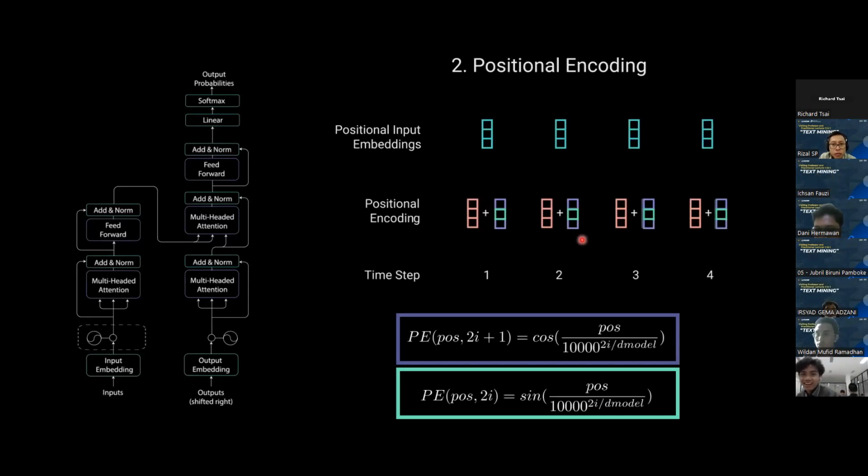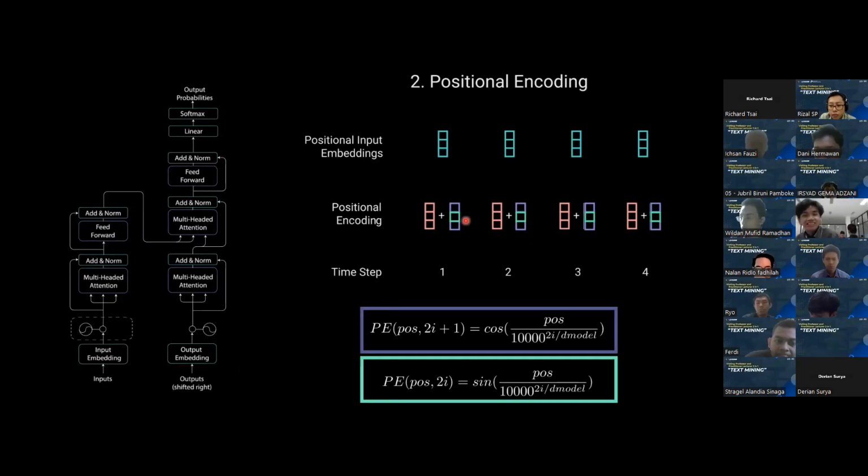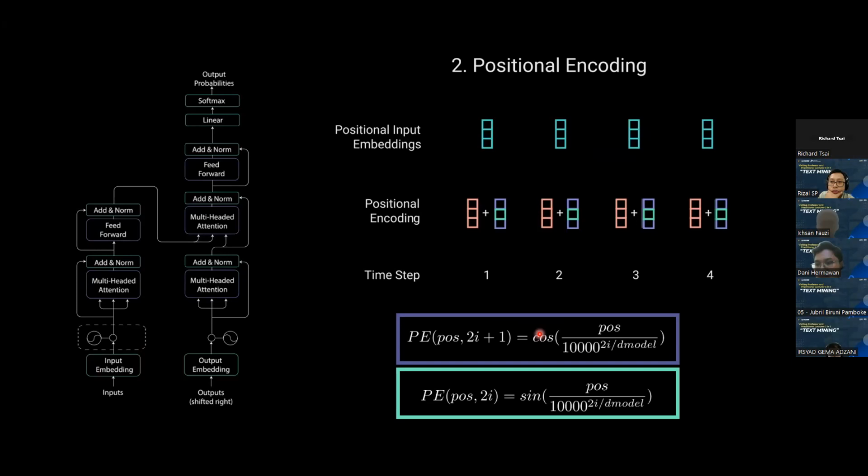Odd number dimensions, like 1, 3, are computed using the cosine function, while even numbered dimensions utilize the sine function.